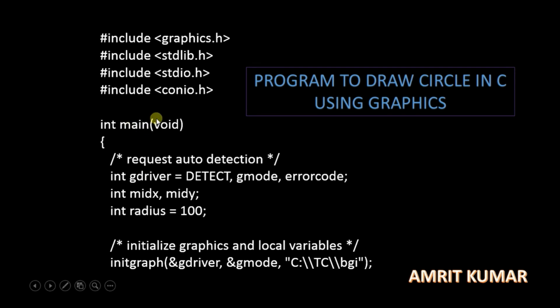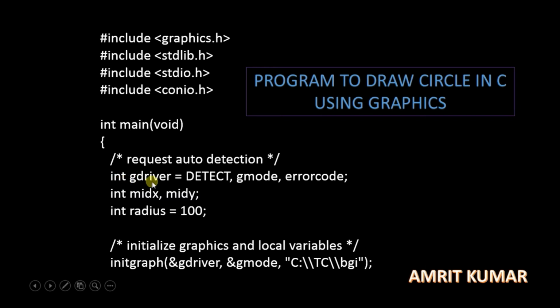This is the main function, where we pass void, and it returns an integer value. Then I open the main function, and this is what we call the initialization of the graphics driver.